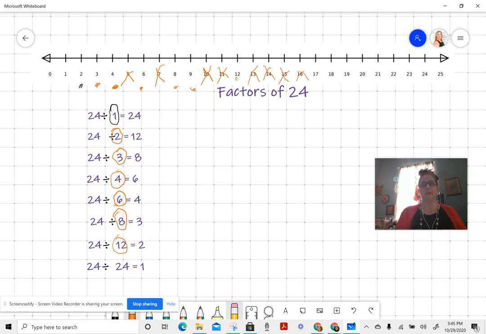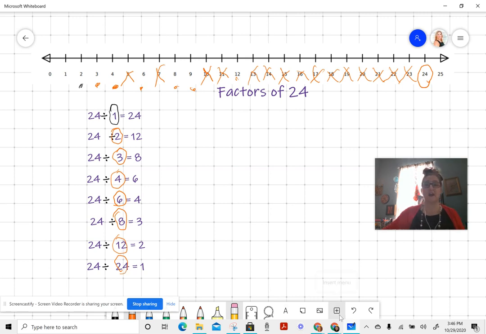Nope. 24 divided by 17, 18, 19, 20, 21, 22, 23. Oh, 24 divided by 24, I get 1. So I can see that my factors are 1, 2, 3, 4, 6, 8, 12, 24.